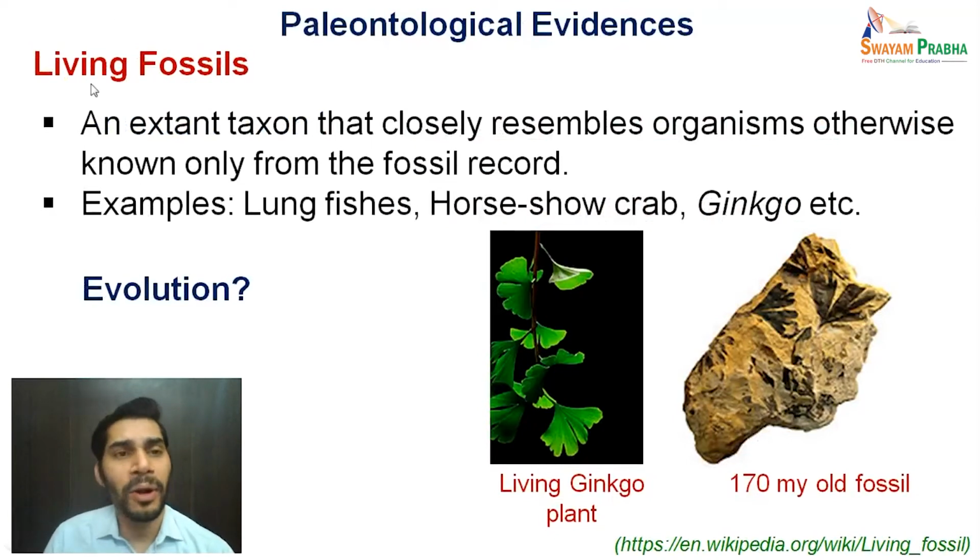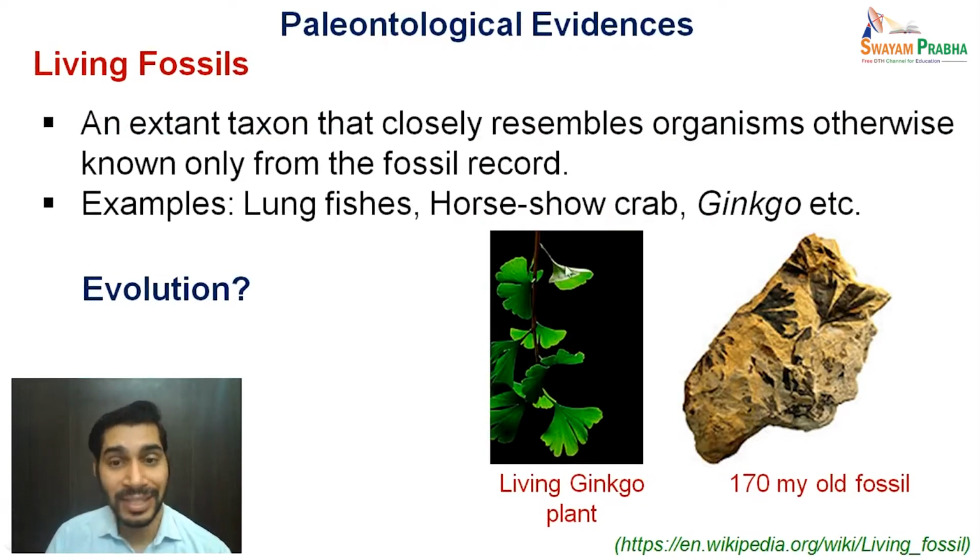Then there are something called living fossils, an extant taxon, a living taxon that closely resembles organisms otherwise known only from the fossil record, such as the lungfishes, horseshoe crab, ginkgo plant, and so on. If you see, this is a 170 million year old fossil of ginkgo, and you can see the shape of the leaves here, whereas this is the present day ginkgo plant.